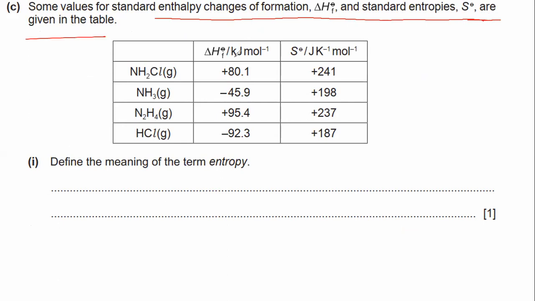So we have delta Hf and entropy values. Define the meaning of entropy. I gave you the definition of entropy in the previous video, so you can keep using this definition. It can be applied for all these questions.